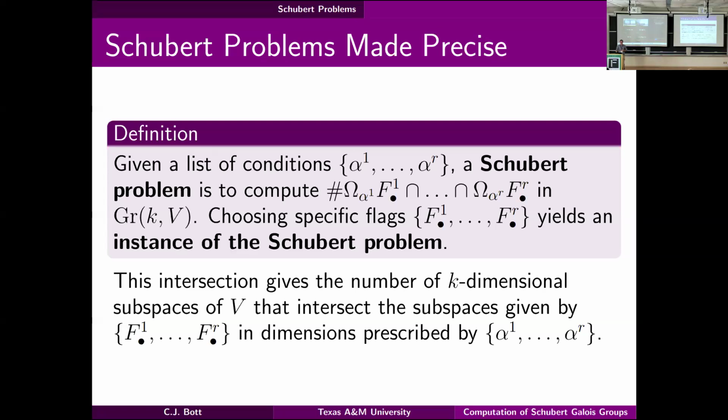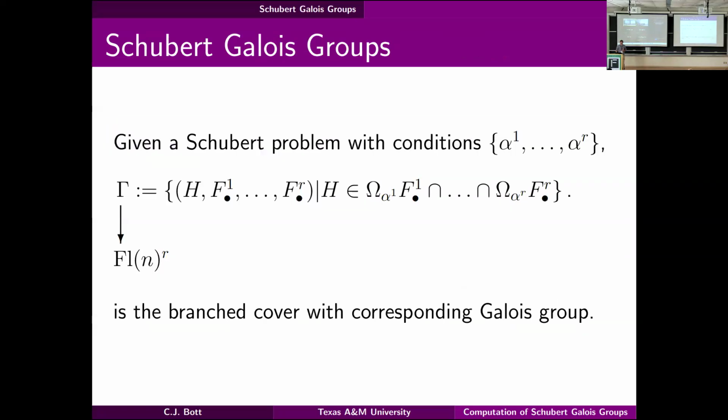So I mentioned at the beginning Galois groups. We're coming back to Galois groups now in the context of Schubert problems. So once you fix your conditions, you can look again at an incidence variety. So you look at elements of your Grassmannian, and then you look at a list of flags. And for each fixed choice of flags, it's kind of like your fixed 4 lines, you get an instance of your problem.